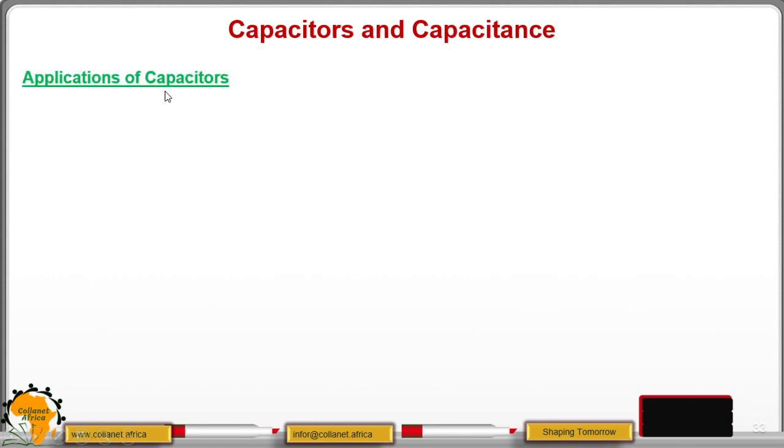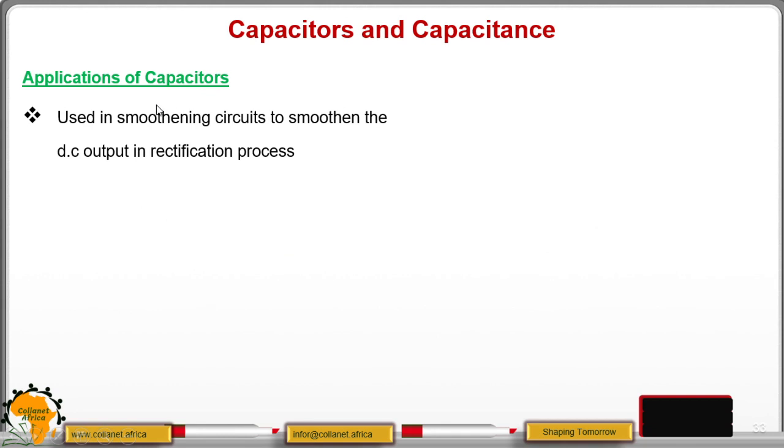Then we have application of capacitors. Now, a capacitor is used in smoothening circuits. To smoothen, in other words, we are saying that when we are converting an AC circuit into DC, when we talk of an AC, it has the sine curve. But when we talk of a DC, it is a straight line.